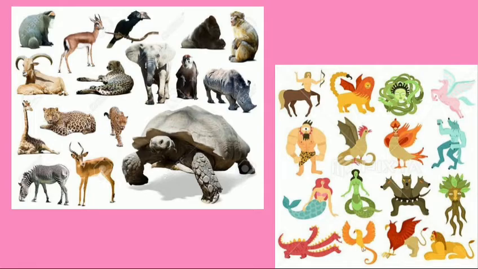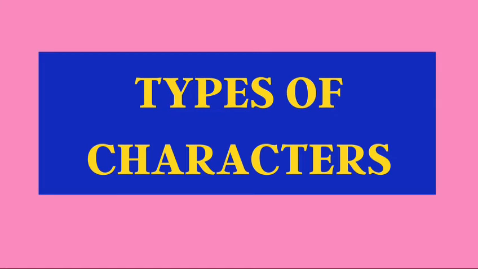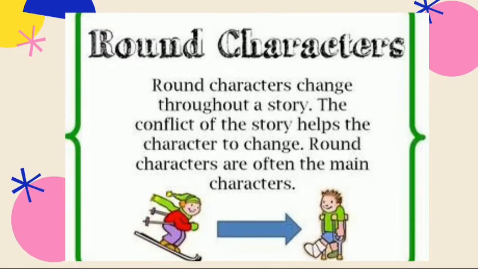Types of characters. First is the round character. The round character is that type of character that develops with the events in a story. It changes. The change may not be a physical change.